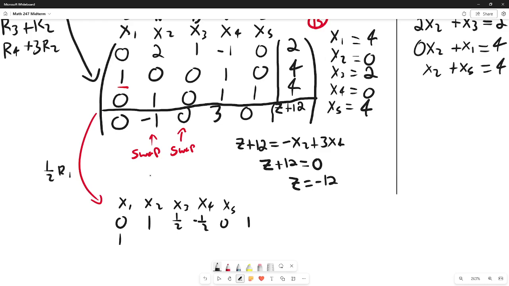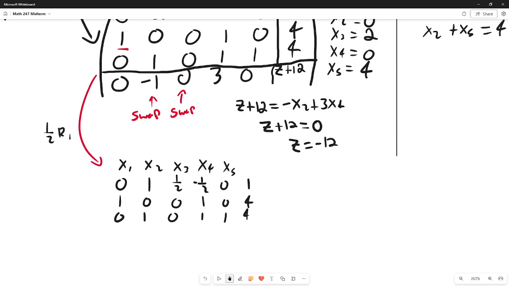And then we can fill in the rest. 0, 0, 1, 0, 4, 0, 1, 0, 1, 1, 4. Zero, negative 1, 0, 3, 0, z plus 12.